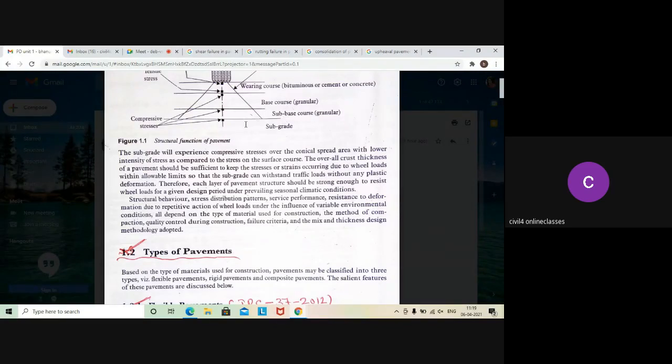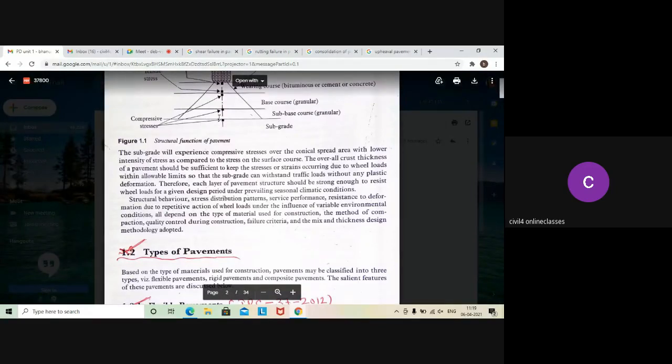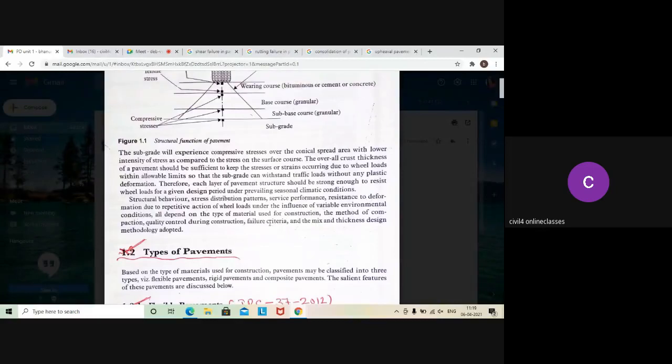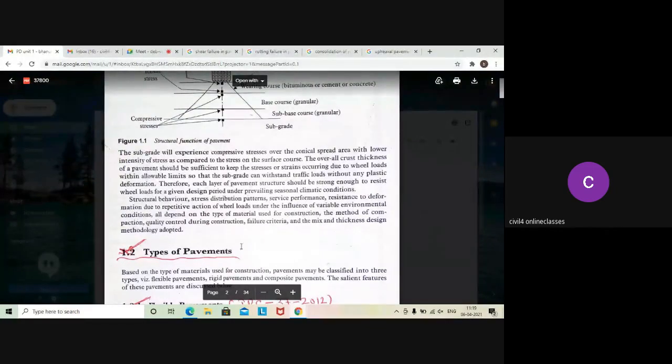Also, coming to the structural behavior, the stress distribution patterns, service performance, and resistance to deformation due to repetitive action of loads under the influence of variable environmental conditions, they all depend on the type of material used for construction, the method of compaction, quality control during construction, failure criteria, and all these things. So you need to take care about the structural function of the pavement.